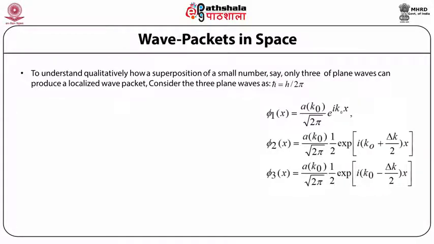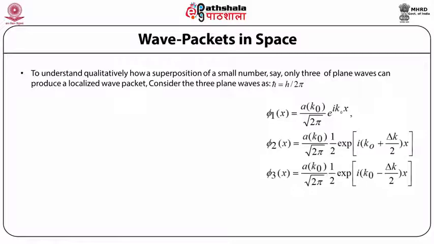This equation is the equation for the second wave, where phi 2 of x is the wave function for this wave. A of k naught is the amplitude of this wave, while k naught plus delta k by 2 is the wave vector of this wave.